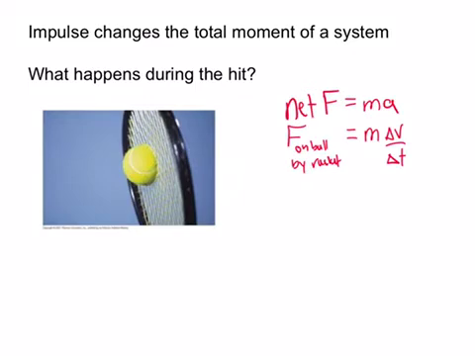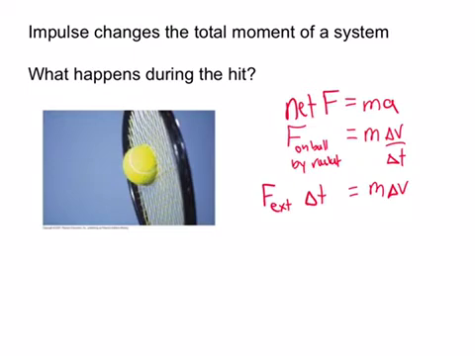All right, so we can move things around to get the change in momentum on the right-hand side by swinging over this delta t. I'm just going to rewrite this as F external because our system is only the tennis ball, and I'm going to swing over my time by multiplying both sides by delta t.